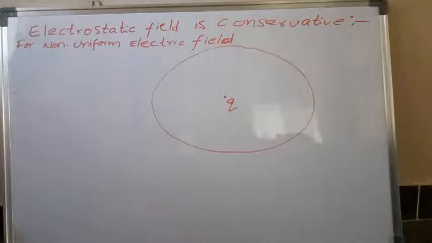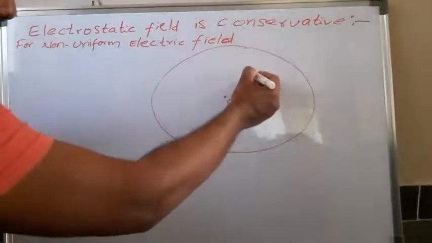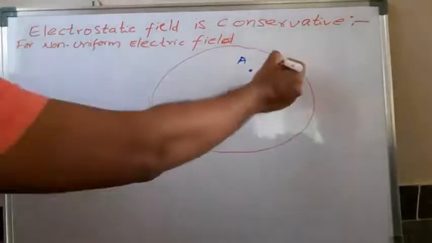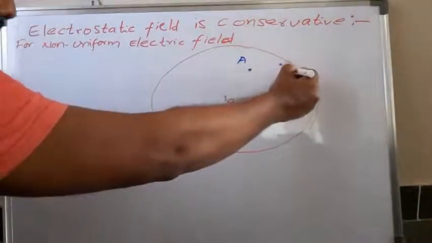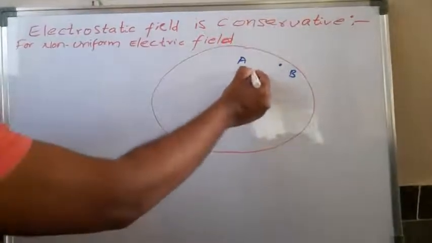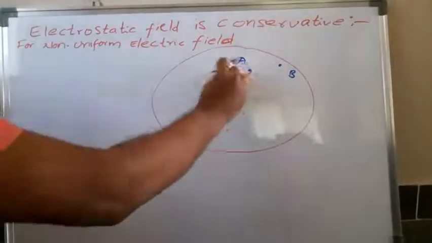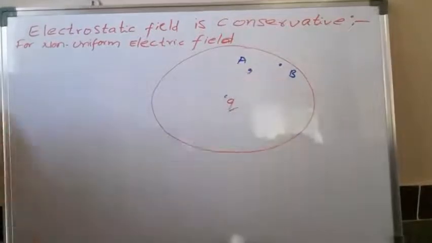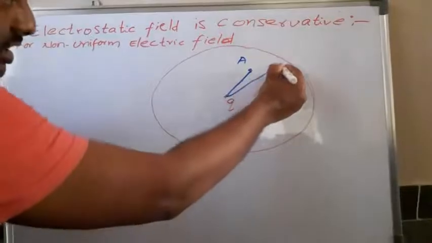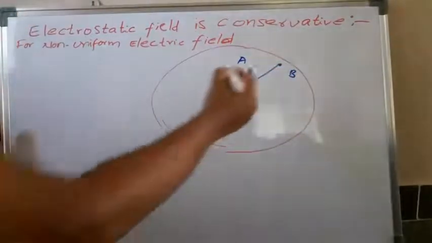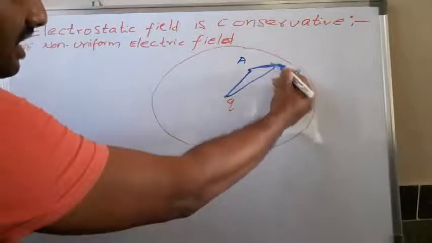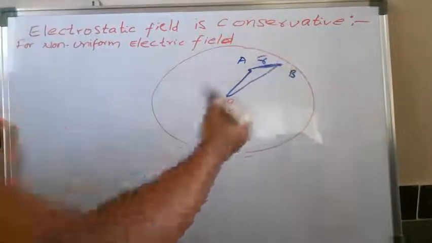In this field, let us imagine a point A here and a point B here. This is the electric field direction at point A and point B. This is the position vector between A and B, R bar.